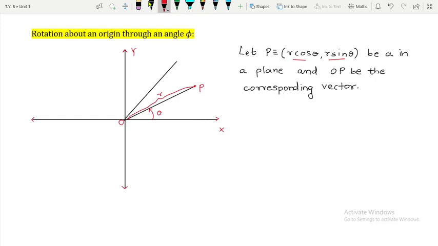Now what we will do, we will rotate this vector OP about origin through an angle phi. So I will say, now we rotate the vector OP about origin through an angle phi.